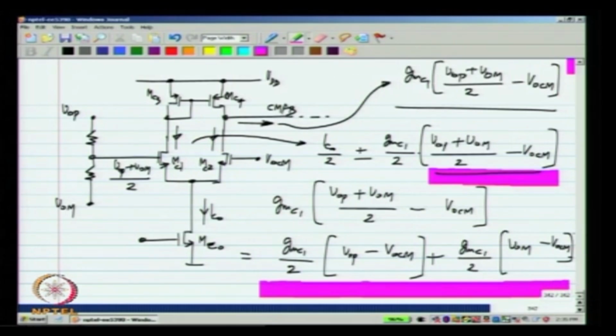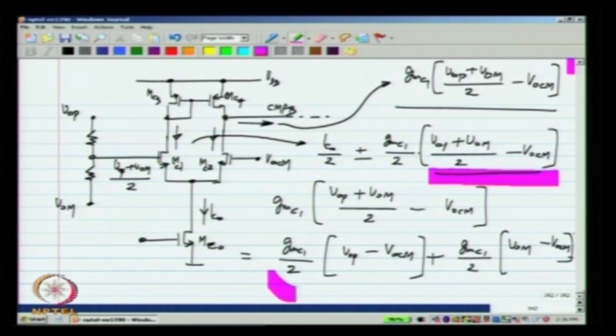So, now each of these is a certain difference voltage. This is between VOP and VOCM, and that is between VOM and VOCM, and we know that we can generate currents which are of this form by passing this differential voltage to a differential pair. Okay.